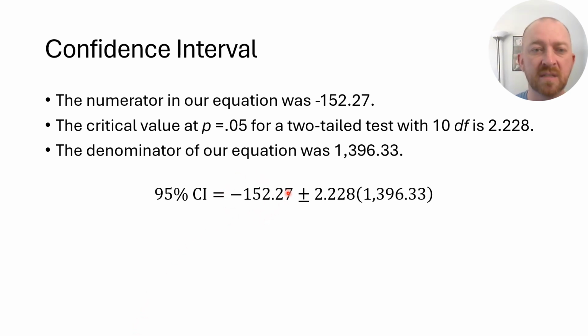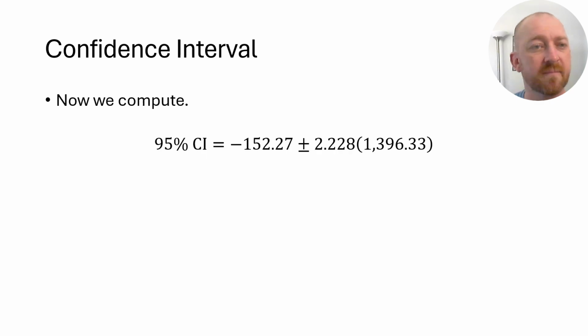We start with our mean difference, the mean difference between our actual group, our sample, and our target, negative $152.27, plus and minus the critical value times our standard error of the mean, $1,396.33. Okay, so now let's do the math. We start there with, once again, the 95% confidence interval, starting at that point.